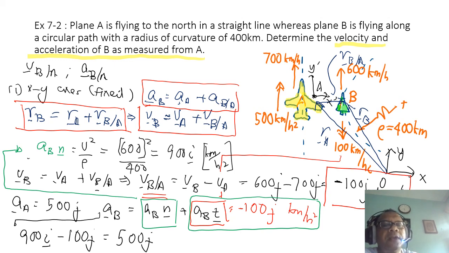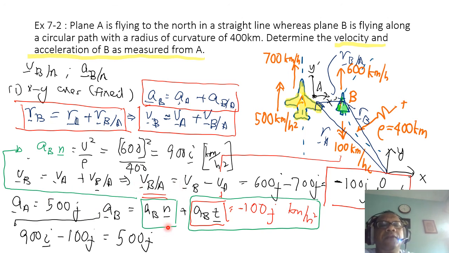I'm using this equation and finding the value of AB here. Where do I get the value of B? Here, ABN plus ABT, and the value of AA.